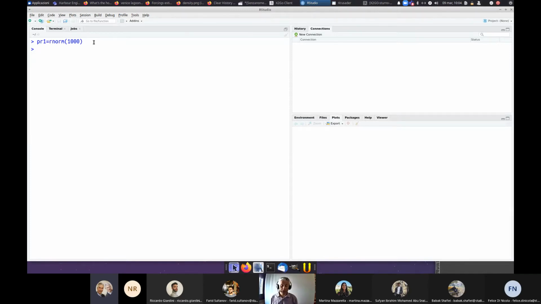The code that I'm writing, the exercise that I'm doing, you can apply it to any series of numbers. Now, let's see what is the range of these numbers, min PR1. And while I make this exercise, please take note of the functions. Min gives you the minimum value of a vector. And in the same way, we can write max.